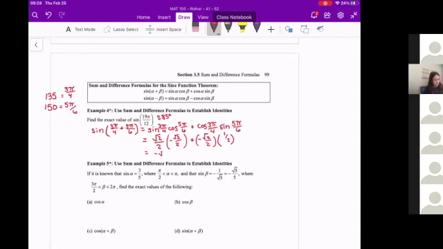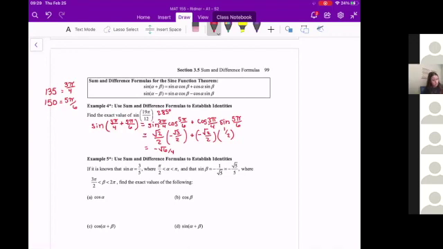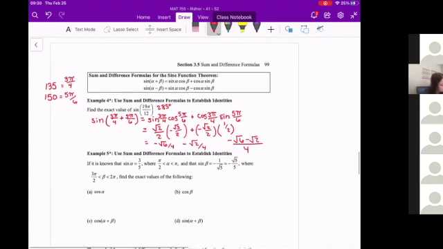So here I get negative square root of 6 over 4 minus square root of 2 over 4.